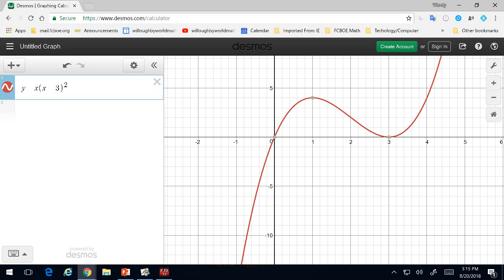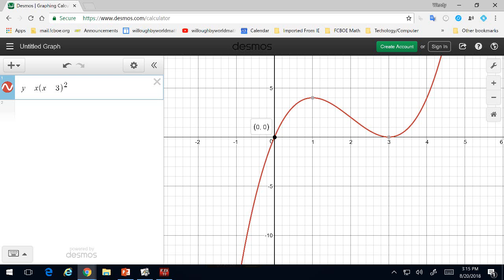All right, the second thing you're going to look at is what happens at the x-axis. On this one, do you see it is passing through the origin? It passes through at (0, 0). So we're going to look at our factors and ask, what about the equation caused it to pass through at (0, 0)?